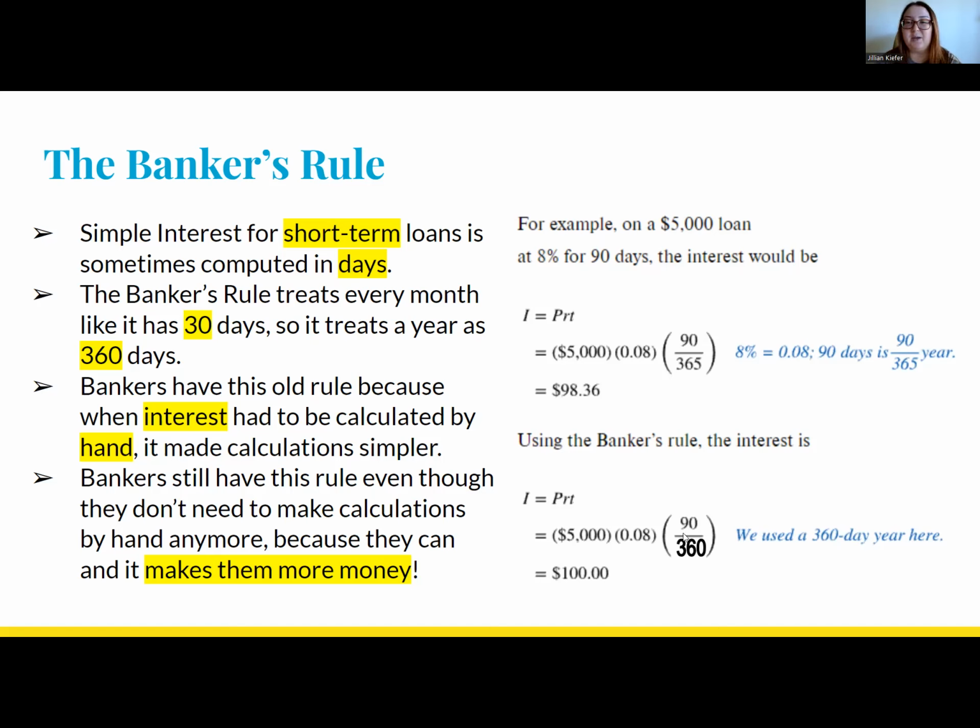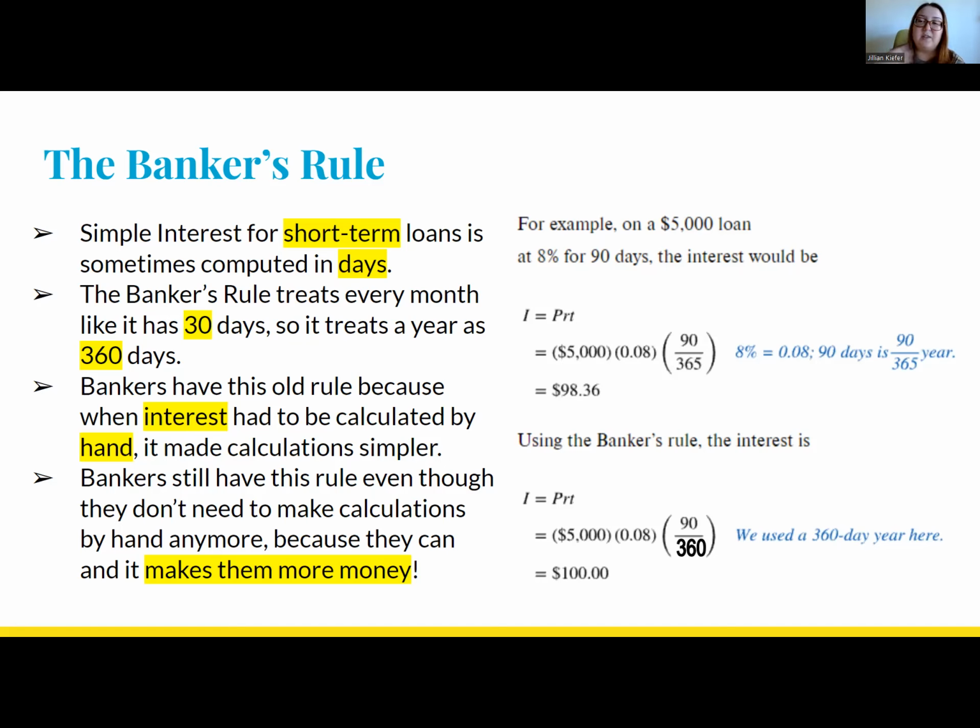So we see an example here on the side. We say, for example, on a $5,000 loan at 8% for 90 days, the interest would be this for a regular year. Interest equals principal times rate times time. Principal is 5,000. The rate is 8%, 0.08. And our time, we always write as a fraction, which you can turn into a decimal.